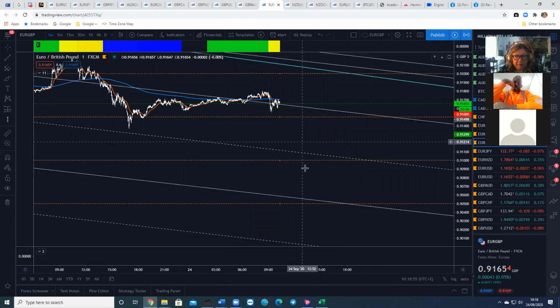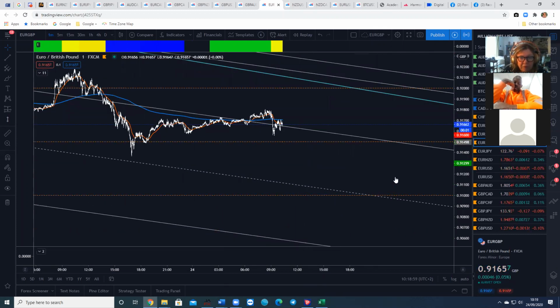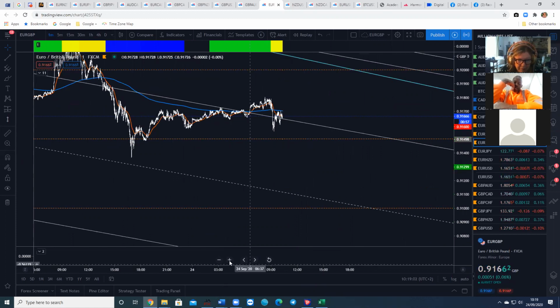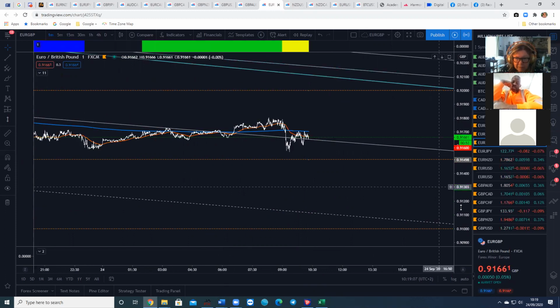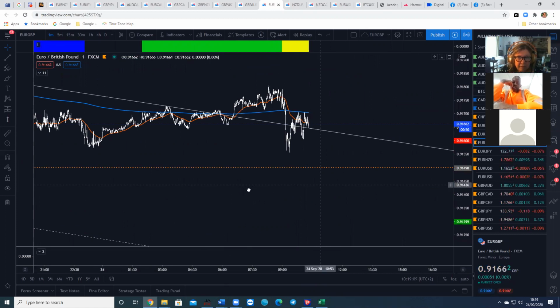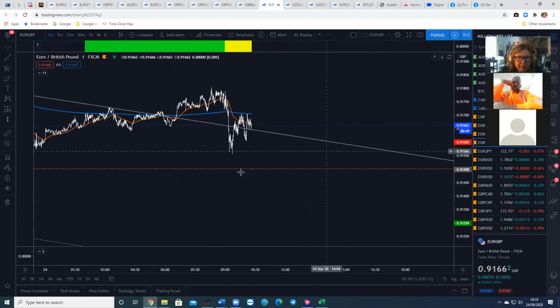So if we're right in what we've been talking about on Euro USD, then we'll be expecting this pair, the euro, to be going down. We've got this wedge here, we don't want to get caught in that.